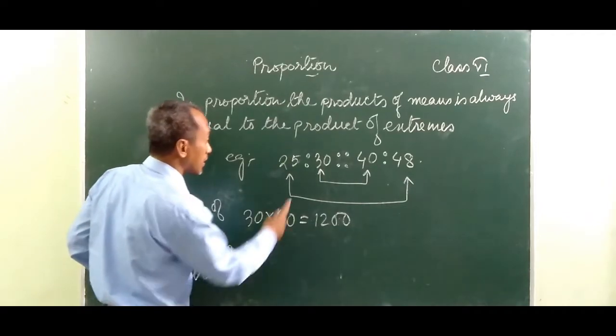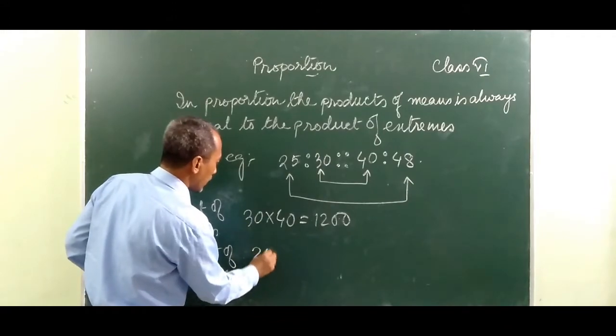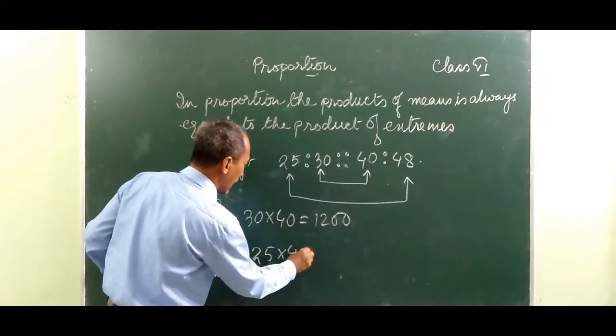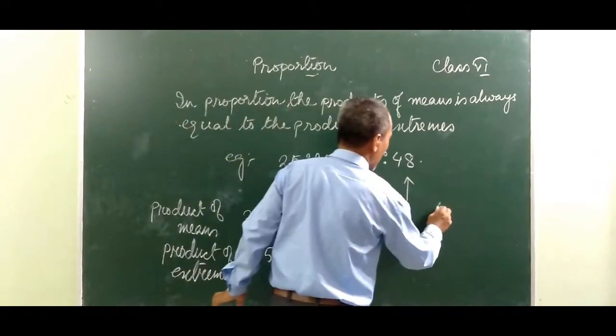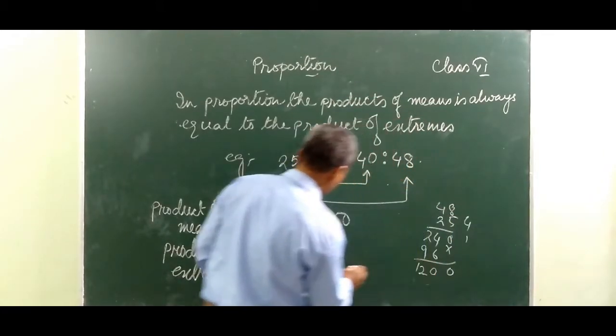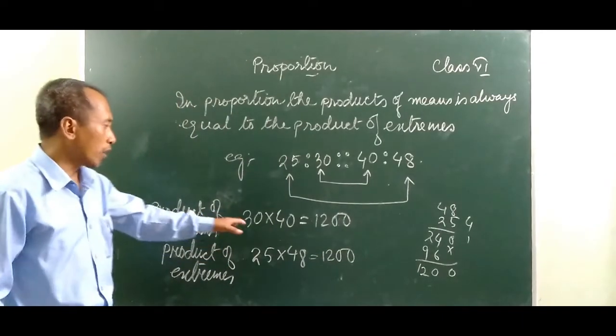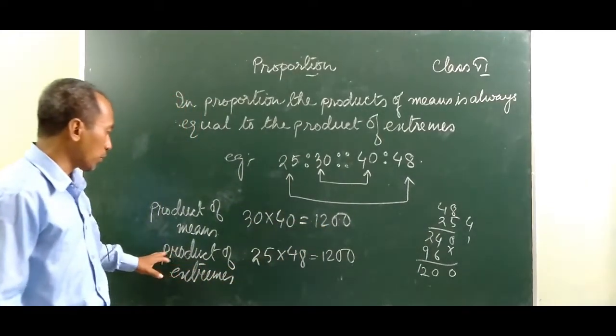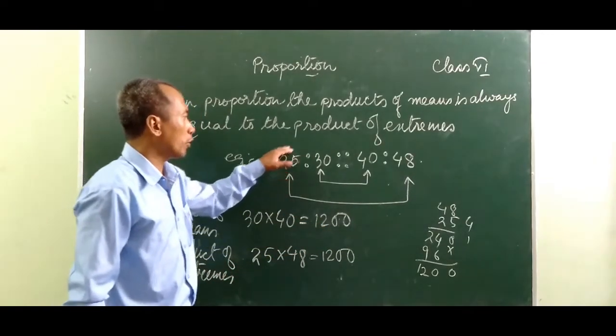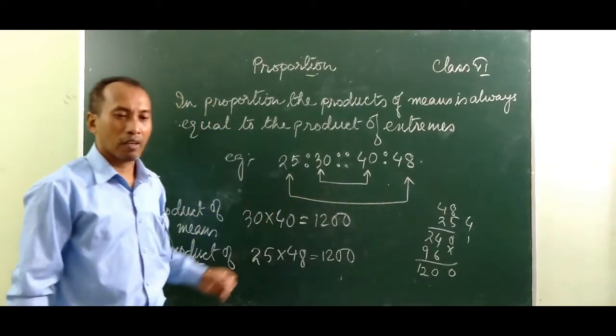Product of extremes is 25 into 48. So 25 into 48 is 1200. So we see here that the product of the means is equal to the product of the extremes. Therefore, the given ratio is in proportion.